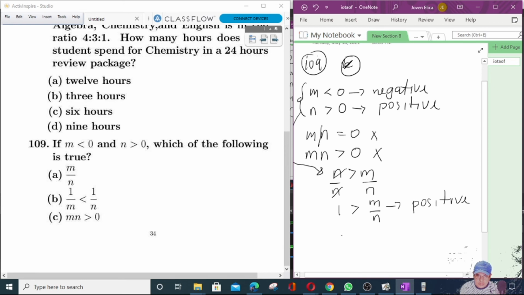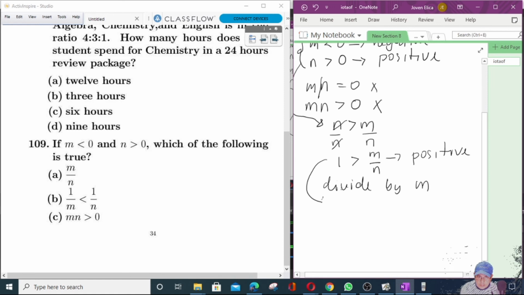And then if we divide this by m, this will become 1 over m greater than, m divided by m multiplied by n, so it cancels out, 1 over m is greater than 1 over n.